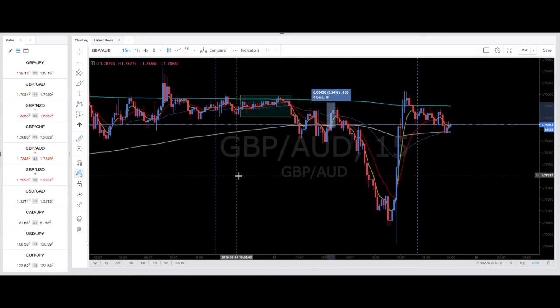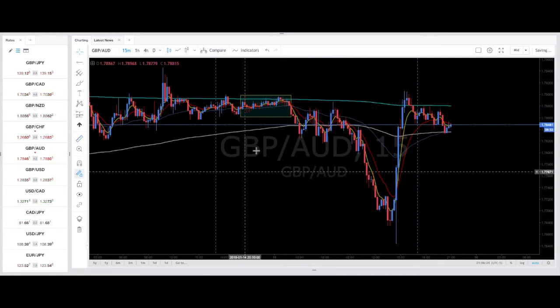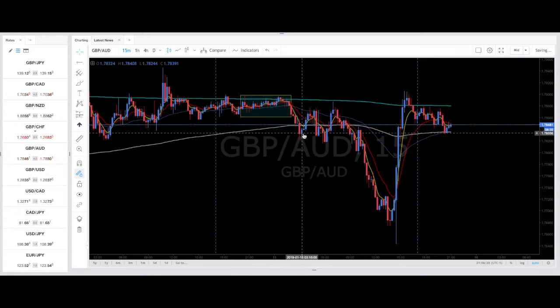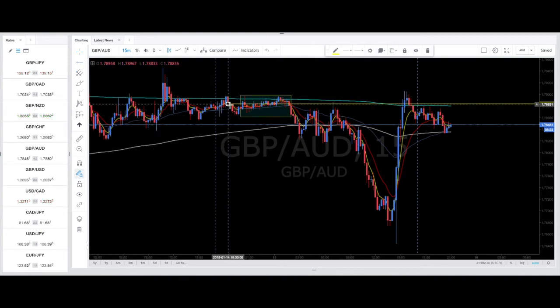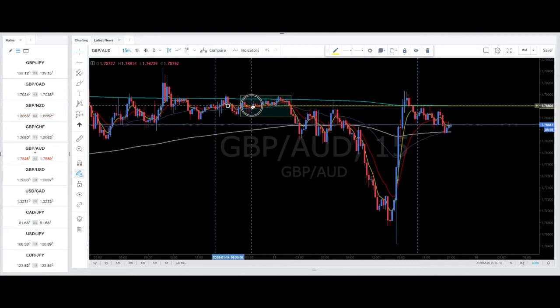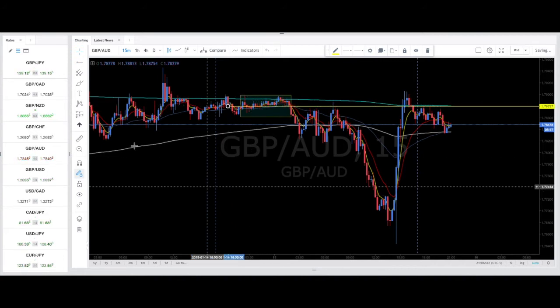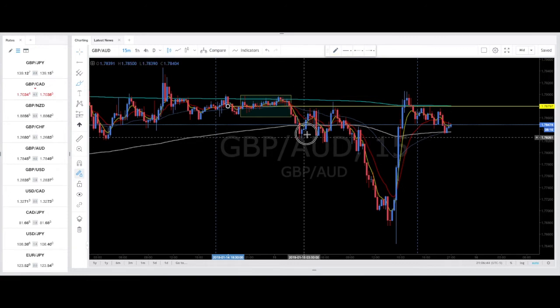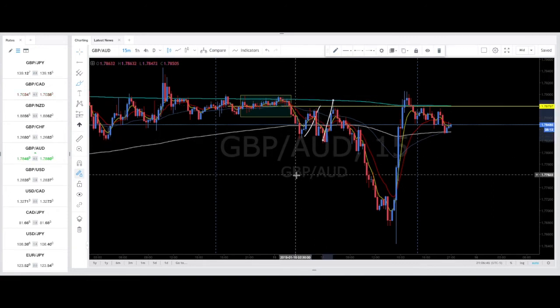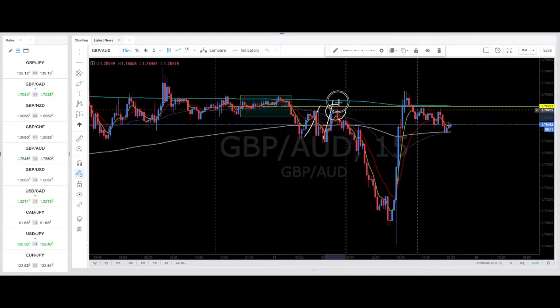But the bigger picture is to the downside. This ended up being a type 3 setup to the downside. Here's the middle of that Asian range. There's the middle of the range, and what happens? We hit it again, and then we get a nice little pattern here.